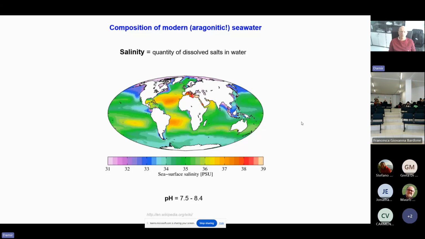Salinity is the highest in the Mediterranean Sea and the Red Sea, but high salinities are also observed in the Northern and Southern Atlantic Ocean. The pH of water ranges from about 7.5 up to 8.4, and it is more or less stable.